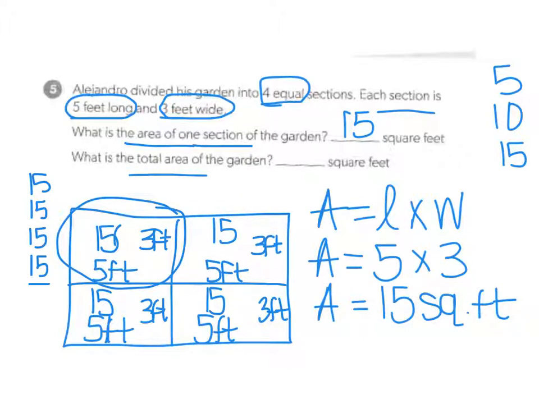So let's count by 5s. 5, 10, 15, 20. Write the 0, carry the 2. 2, 3, 4, 5, 6. So my answer for the total area is 60 square feet.